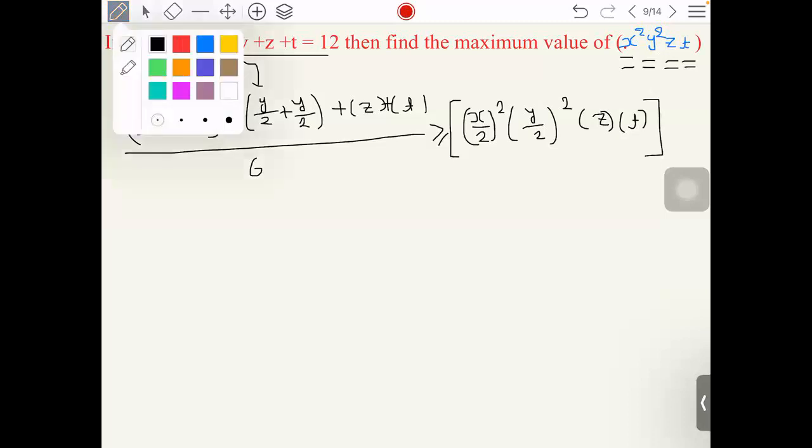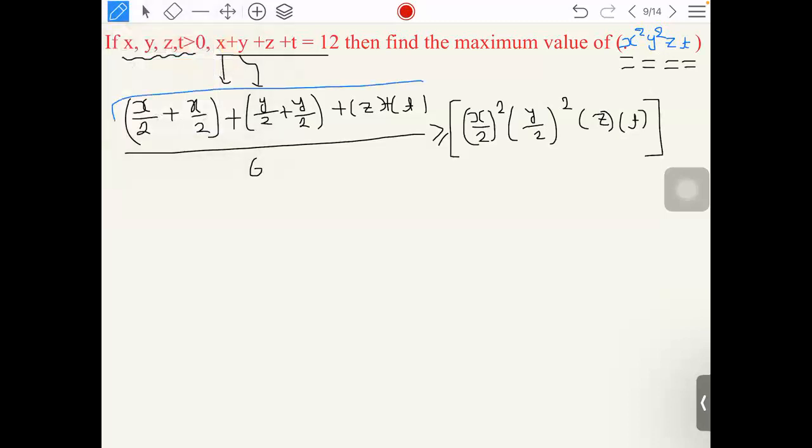Now we know the sum of all these values is 12. 12 by 6 is 2. And wait a minute, total terms are 6, no? So we can write 2 raised to 6.